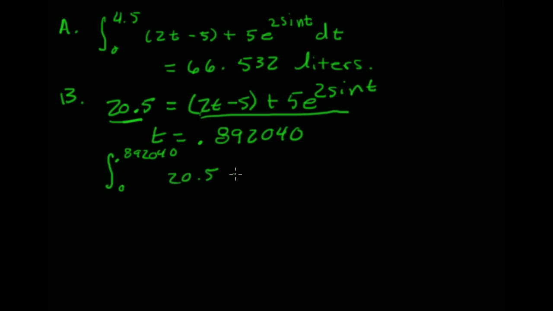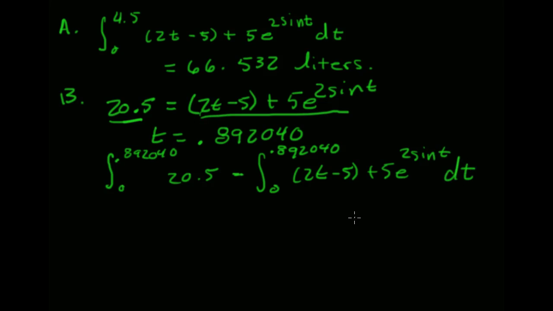The amount of water that's in the second one is the integral from 0 to 0.892040 of 2t minus 5 plus 5e to the 2 sine t dt, which when you throw this into the calculator, you're going to get 10.599 liters is the difference between the two tanks.